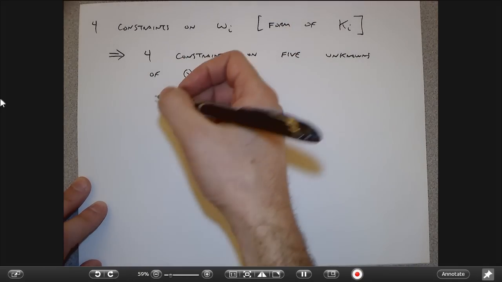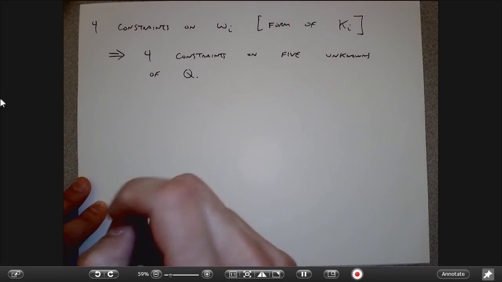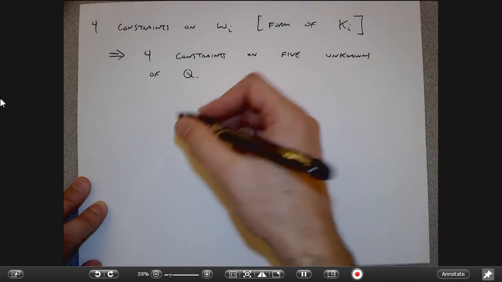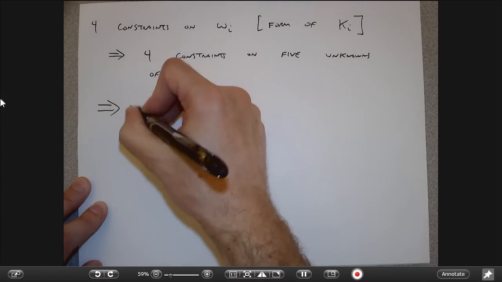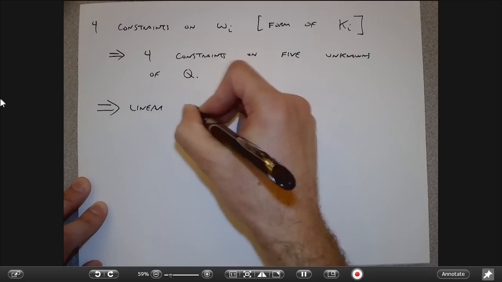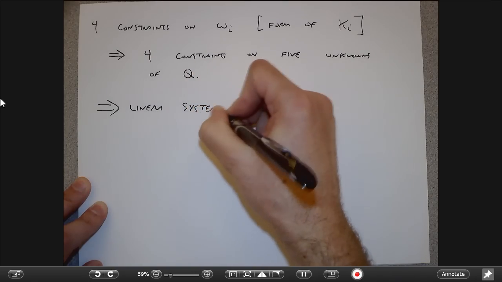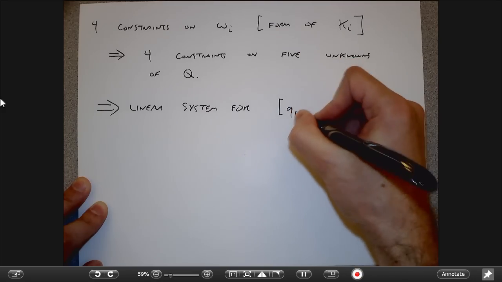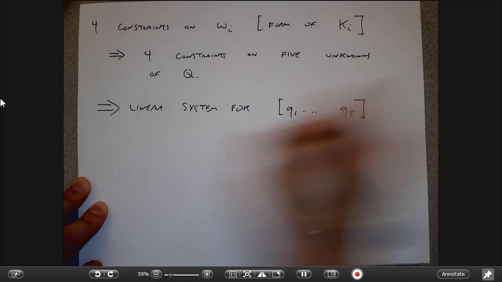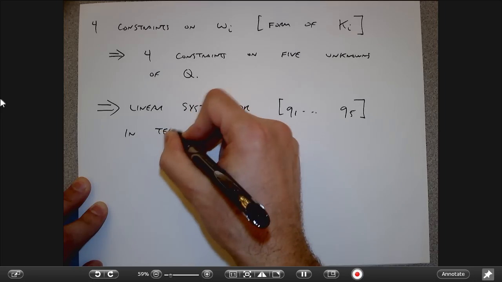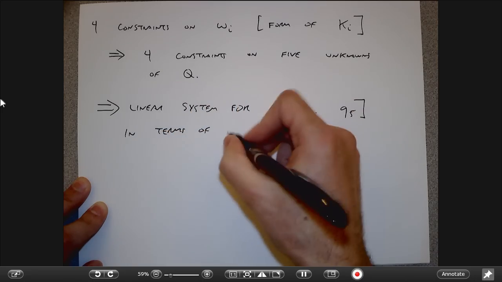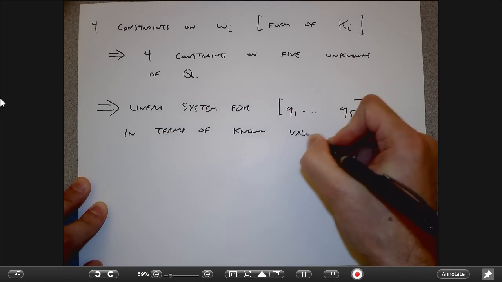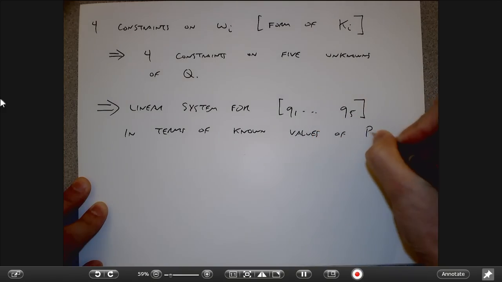And it turns out that you can form up a big linear system for these Qs in terms of basically known values of the PIs, right?